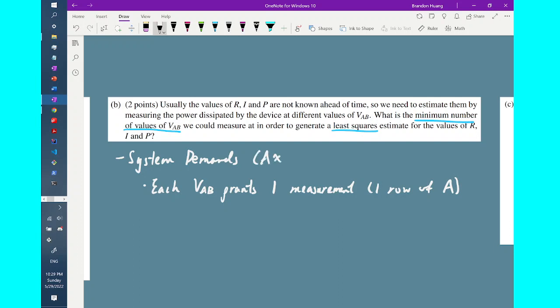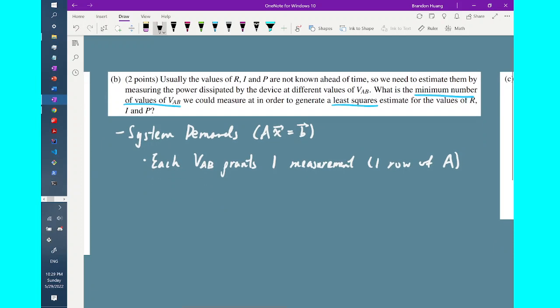And the system being AX is equal to B, where X stands for the value we're trying to estimate, which will be R and P. And we also know that this system has three unknowns, which means X will be a three-dimensional vector, and that will mean that A must have three columns.